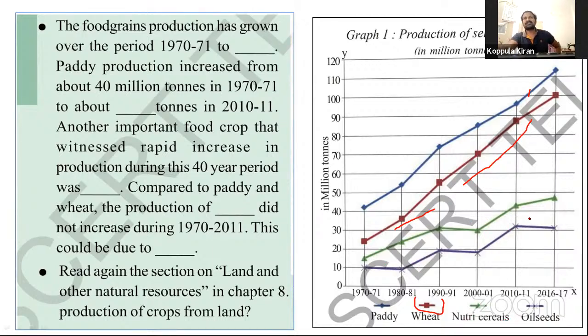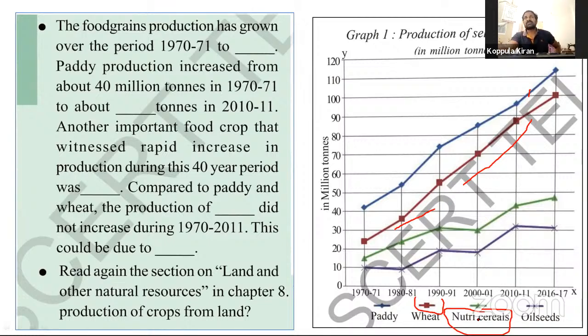What are the nutri-cereals? These are also known as coarse cereals. We can say coarse cereals like jowar, bajra, and maize. These are the nutri-cereals: jowar, bajra, ragi, and maize.